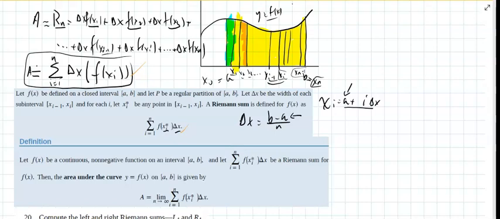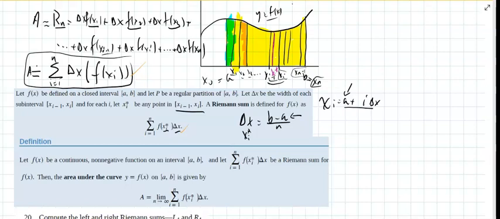Now, the only difference between our sum and Riemann's sum is his x sub i star in the ith interval. So he went to this right here and said, in general, let's say I pick x sub i star in there.